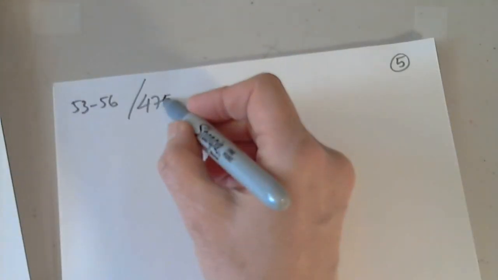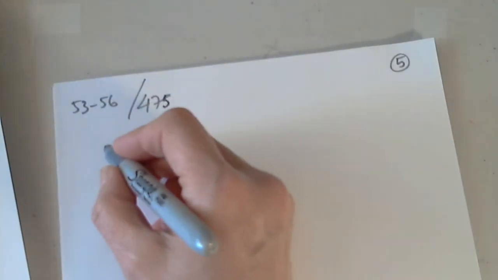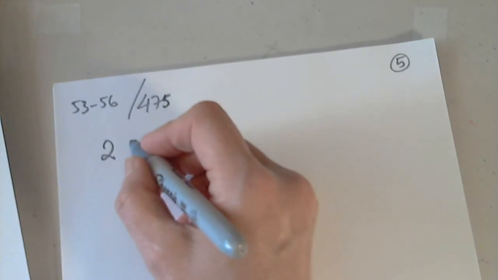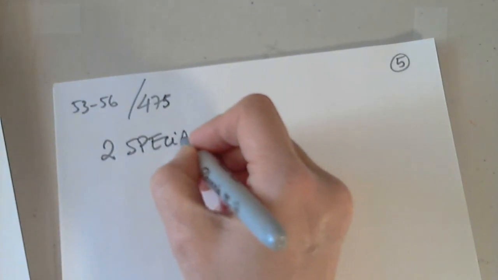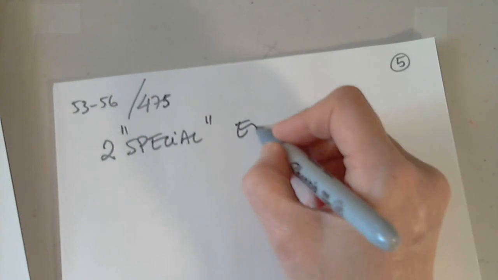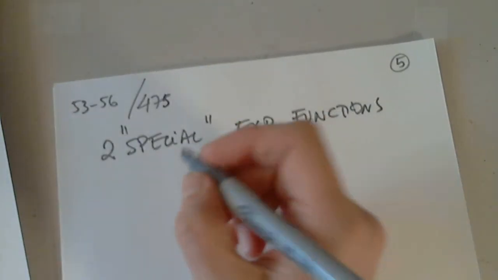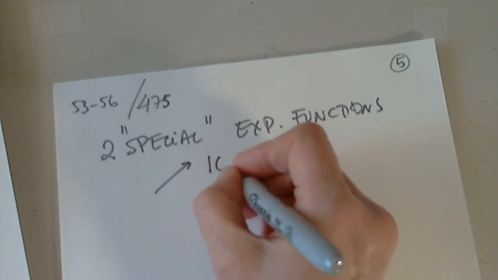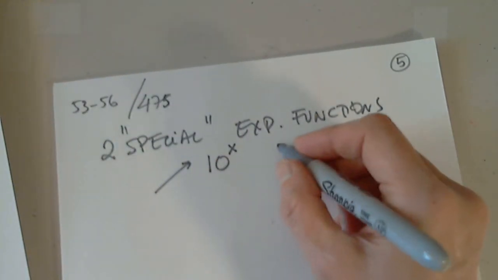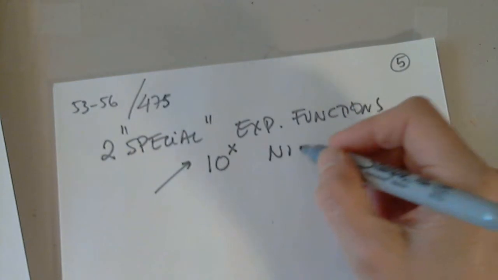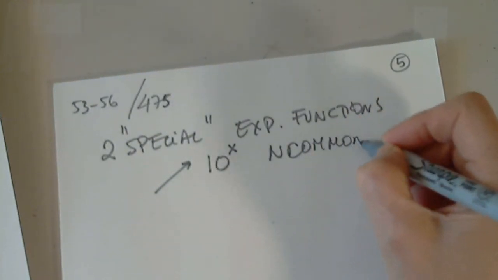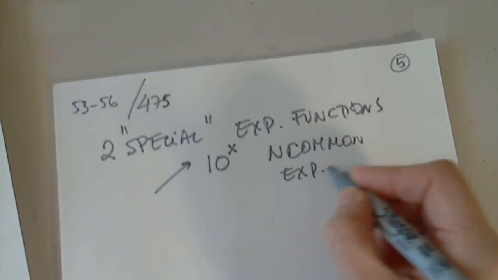So before we look into this, I'm going to say that there are two special, if you want, exponential functions. One has base 10, and this is called the common exponential function.